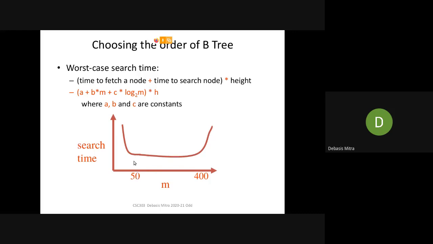The actual values may differ in your case. This transition occurs at about 50 and this transition occurs at about 400. In your case, this may not be 50, it may be 60 or maybe 100, it may be 30. Here it may be 200, 500 or 700, but the structure will remain same, as you have already understood the basic philosophy behind the relationship between m and searching time.